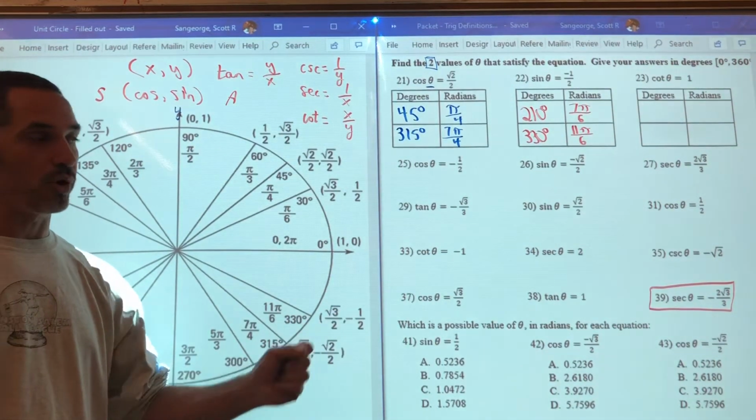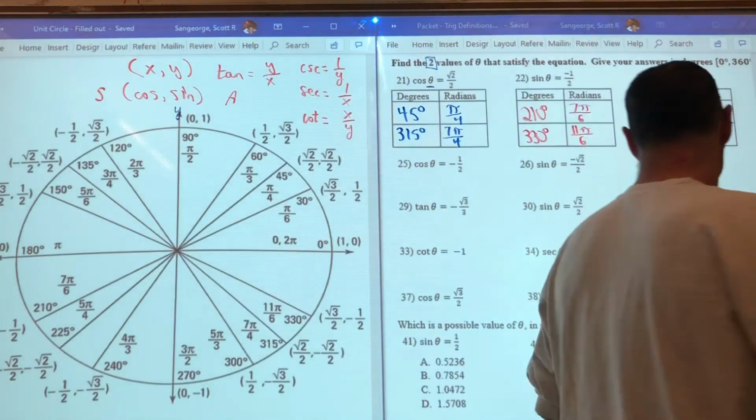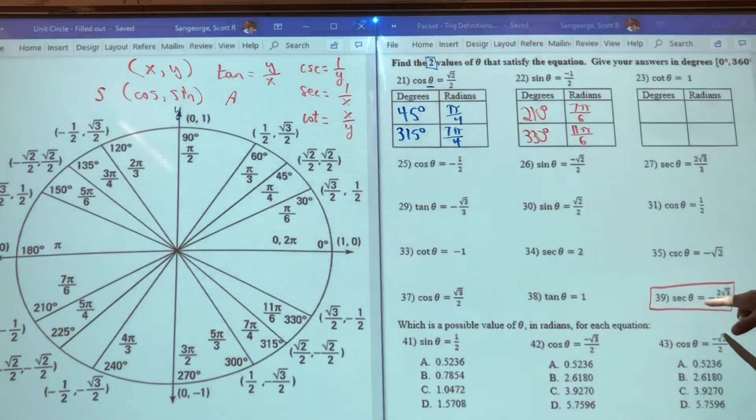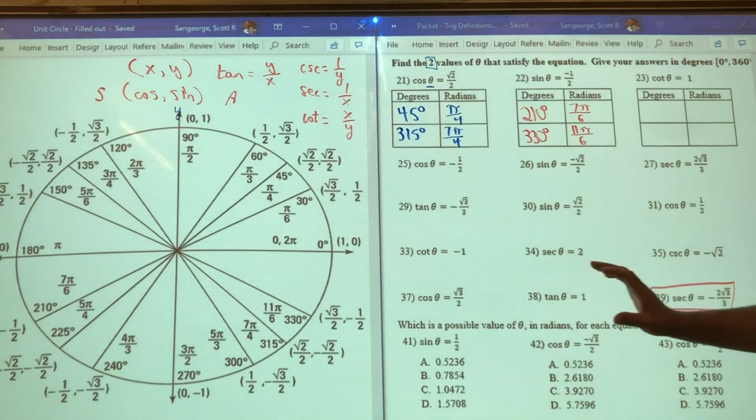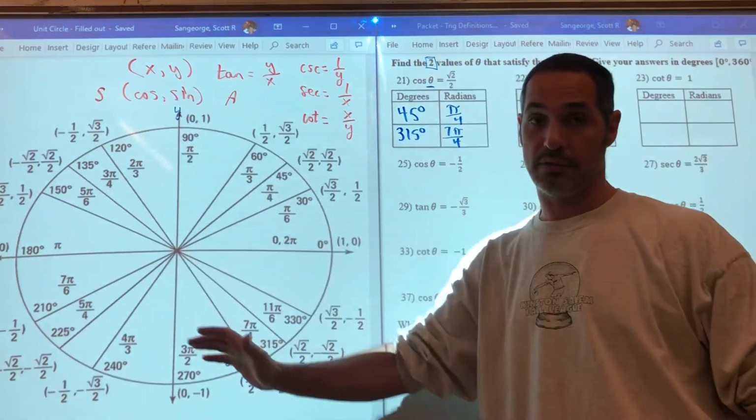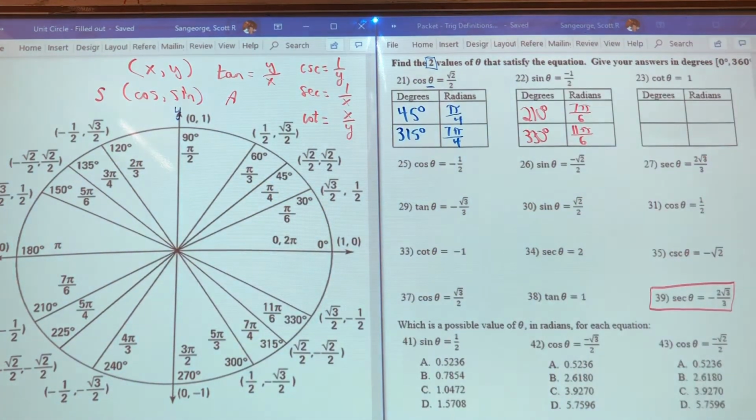more challenging. There's more going on here. We're going to try to find the secant of theta, the angle whose secant is negative 2 root 3 over 3. A couple things to recognize is that negative 2 root 3 over 3 is not any of these values. It's not any of the x values or the y values on this unit circle.